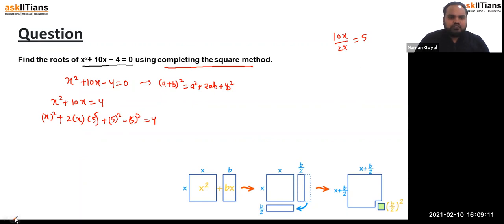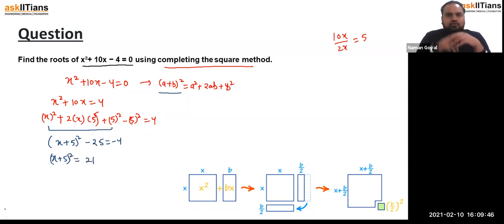Now if you see this quantity, it is a square plus 2ab plus b square, which can be written as (a plus b) whole square. So this quantity up to that 5 square can be written as (x plus 5) whole square. Now minus 5 square becomes minus 25 is equal to minus 4. So it becomes (x plus 5) whole square is equal to 25 minus 4, which is 21.